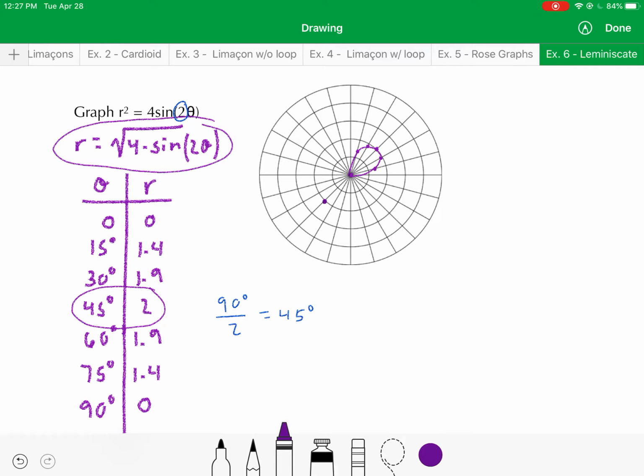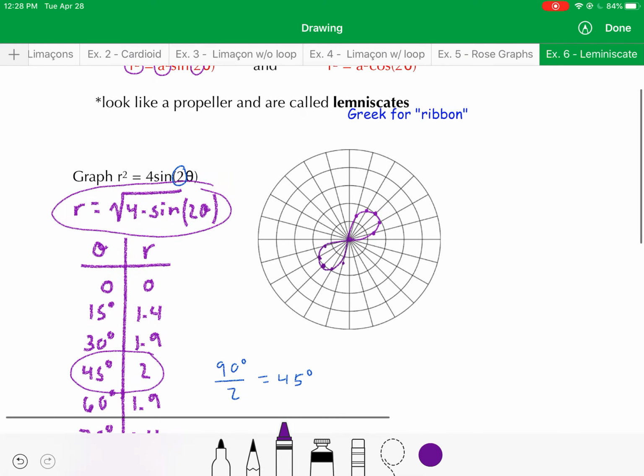And then all of my other points can be found with the same orientation as the first half of this graph. Oops, plotted those wrong. There we go. And that would be the finish to your lemniscate.